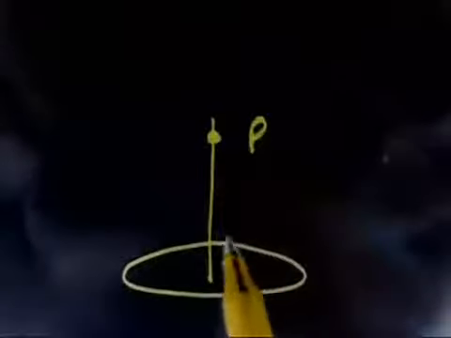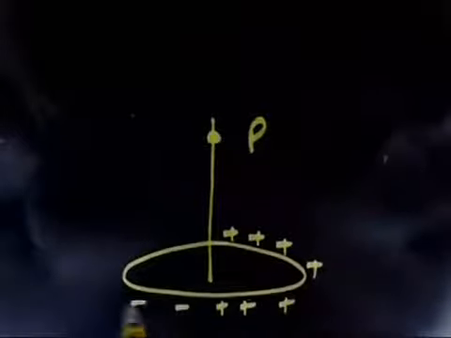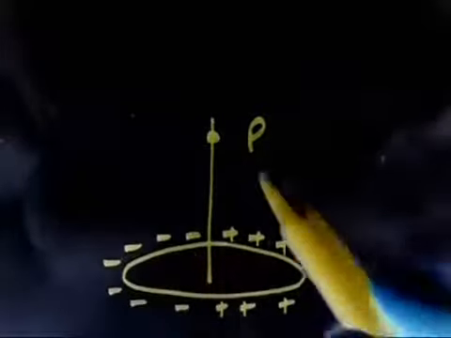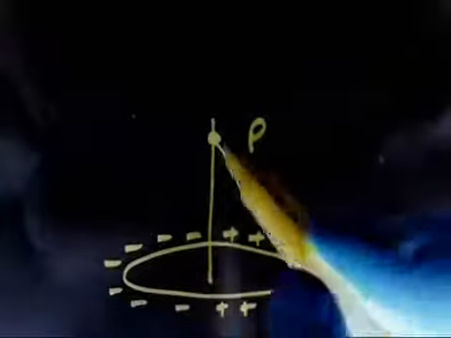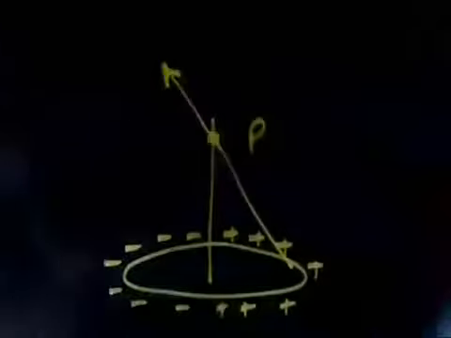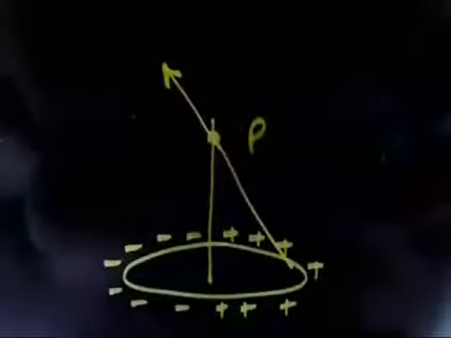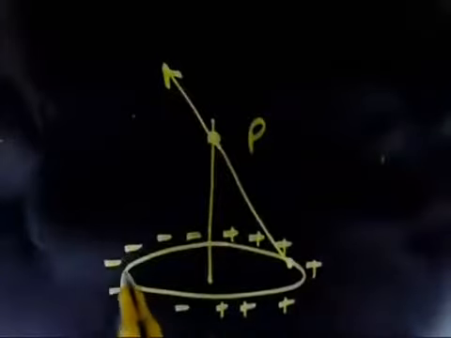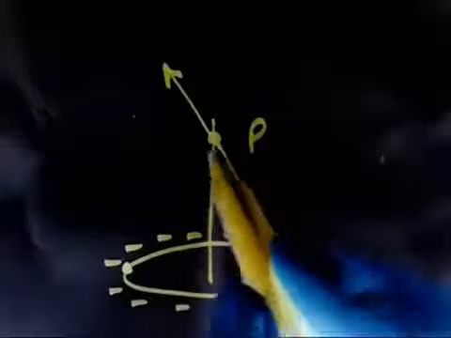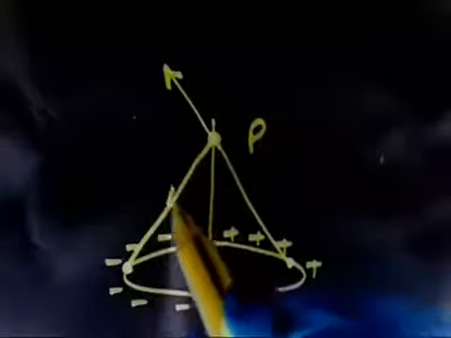So if you have a ring something like this, and now you want to find the electric field at point P, let us say half of the ring is positively charged and half of the ring is negatively charged. Now this part of the ring will push this positive charge this side. This means the electric field direction will be this side. Now symmetrically, if you take charge this side, it will attract this side.